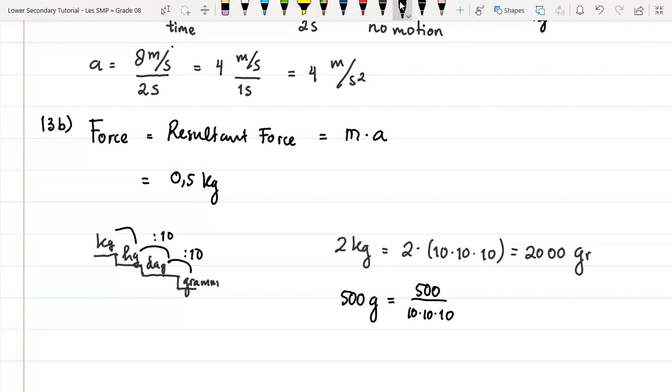If you go one step again, then you have divisions by 10 three times. So you divide 500 by 1,000. This is 0.5 kilogram. Is it clear, brother? So you have 0.5, yes?